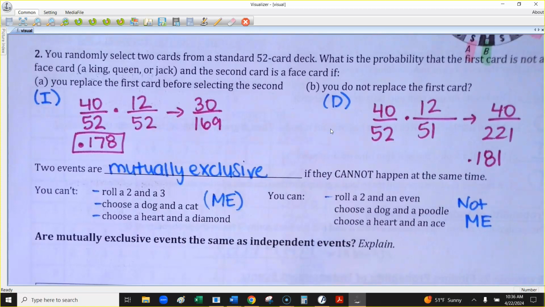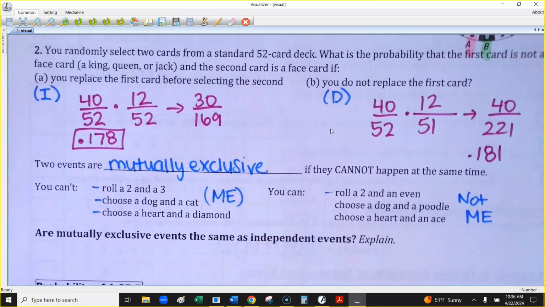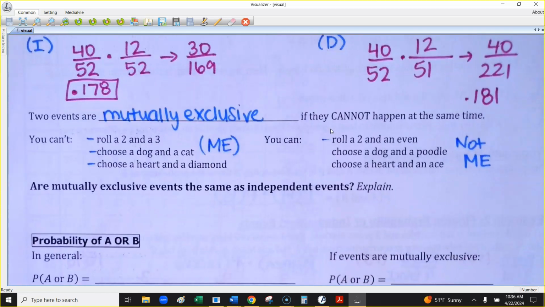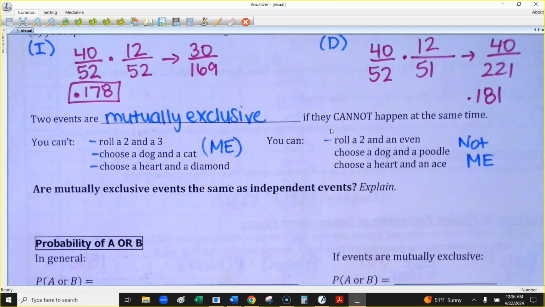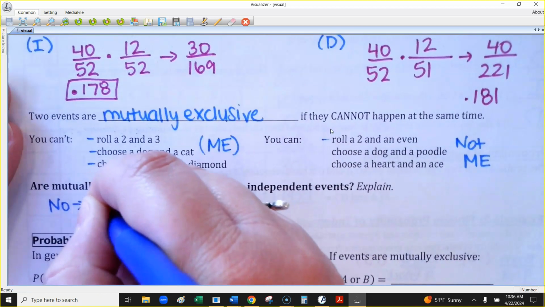And I could choose a card that's a heart and an ace at the same time because they could be in the same suit. So those are not mutually exclusive. These would not fall into the category that I'm going to use. So it just says, are mutually exclusive events the same as independent? No. The reason is independent events can happen at the same time.